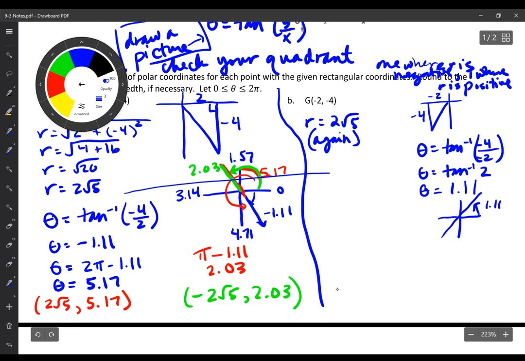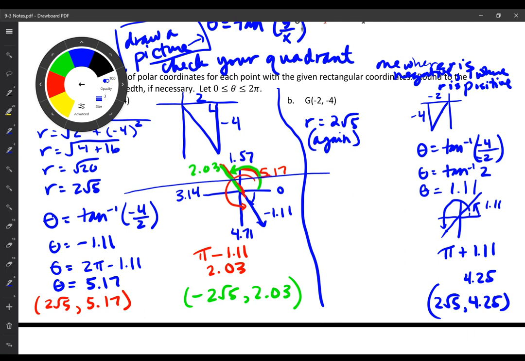If I want to go around and be in that third quadrant, I'm going to have to add pi to that. So let's go ahead and do pi plus 1.11, and that is about 4.25. And so that means when I am going all the way around to this line and then moving in that same direction, it's going to be positive. So I'd have 2 square roots of 5, comma 4.25.